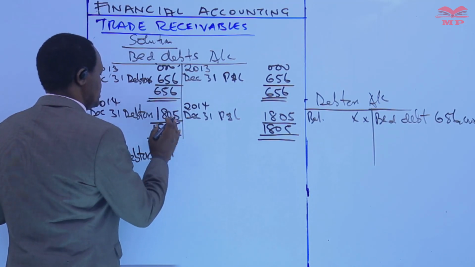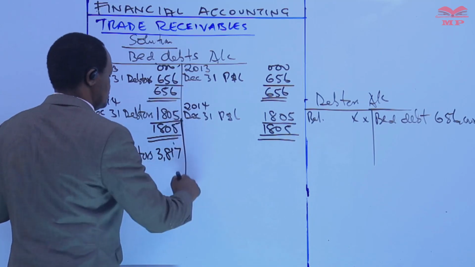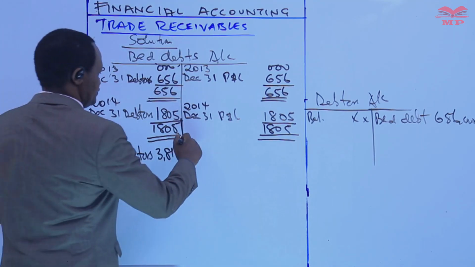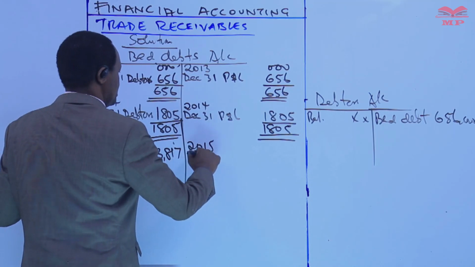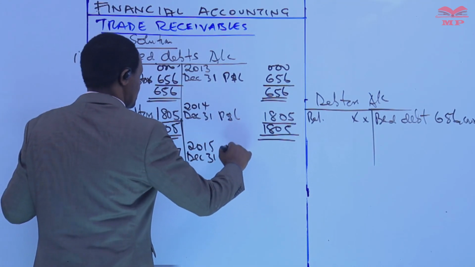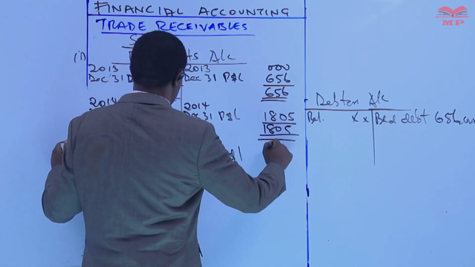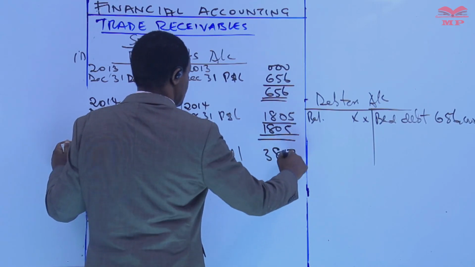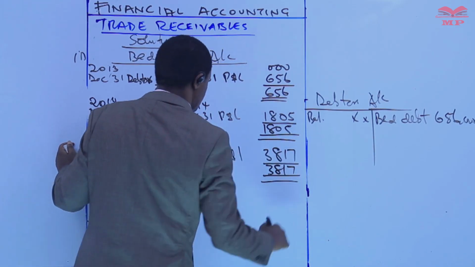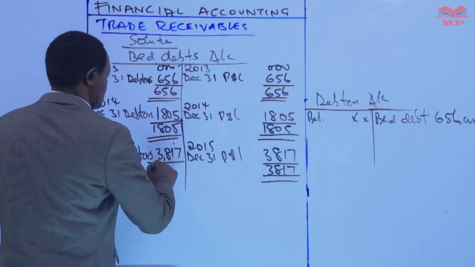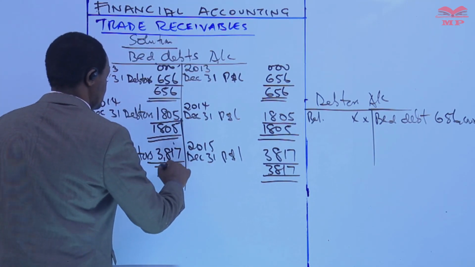Close that account to P&L. P&L 3,817. We close the account.